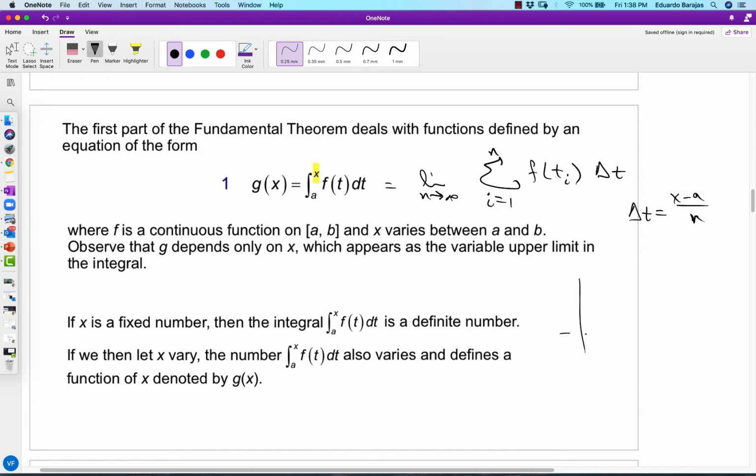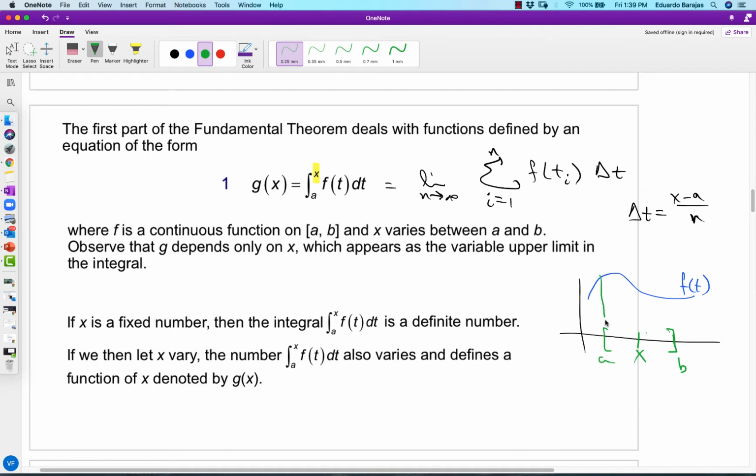So just to give a picture, again, if we had some function f of t, and we're trying to go from a to b, and then let's say x is some value between a and b. So let's say x just goes right up to there. Here's x.